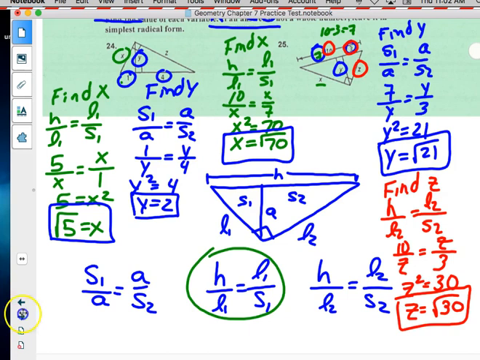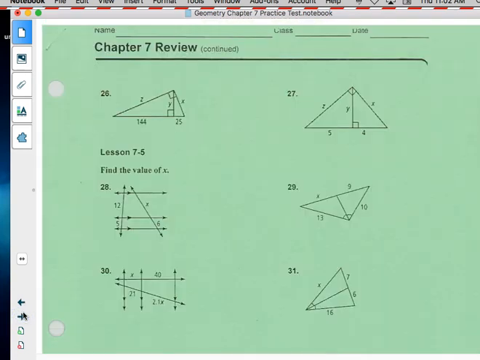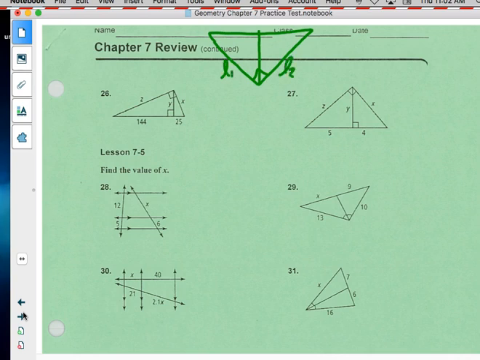Moving on. I got the same type, and again, I'm thinking in my head about this pattern where L1 and L2 are legs, S1 and S2 are segments of the hypotenuse, and H goes the whole length of the hypotenuse.